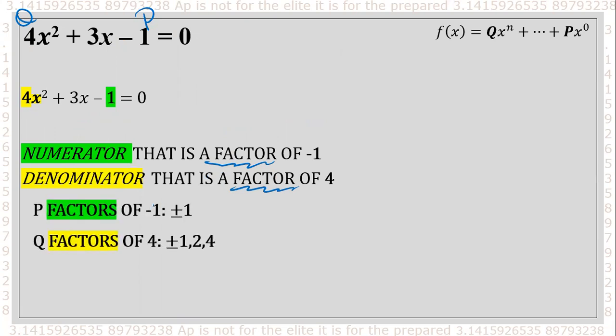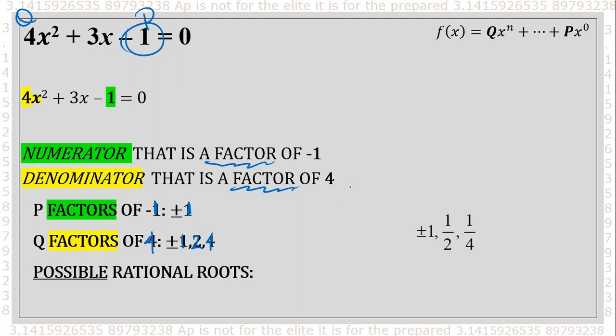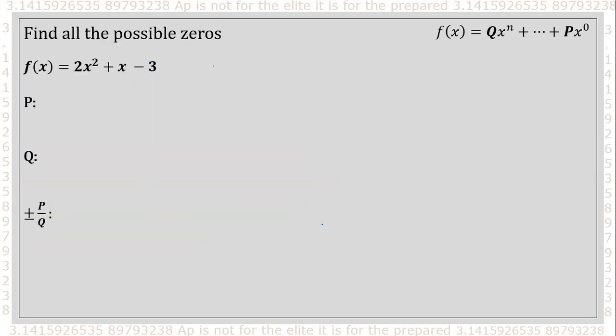You get the factors of P, which we just said is 1, and the factors of Q, which is 4. What times what gives me a 1? Well, it's prime, so it's only 1. What times what gives me a 4? So 1 times 4 and 2 times 2. And you write out the possible zeros by putting the P's divided by the Q's. I know I pretty much summarized it, but that really helps to visualize it before we jump in.